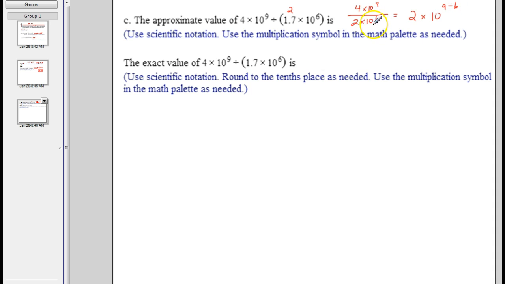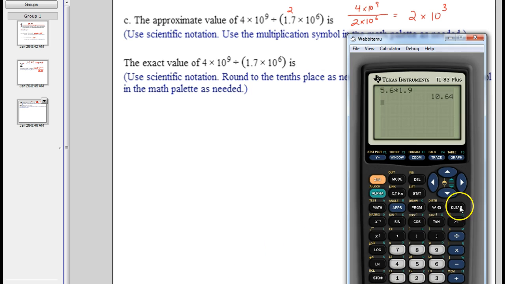this time because it's division. Once again, I'm not going to write that as 9 minus 6; I'm going to write 9 minus 6 is 3. So 2 times 10 to the 3rd is our answer. Alright, and then same thing if I want to do an exact value. I'm going to take the 4 and divide by the 1.7.